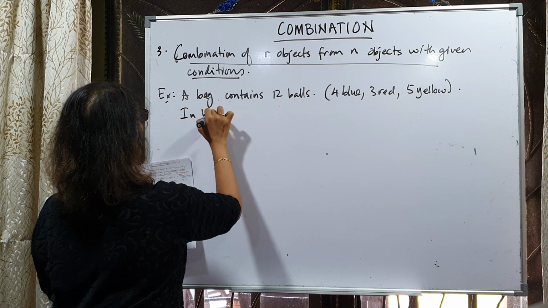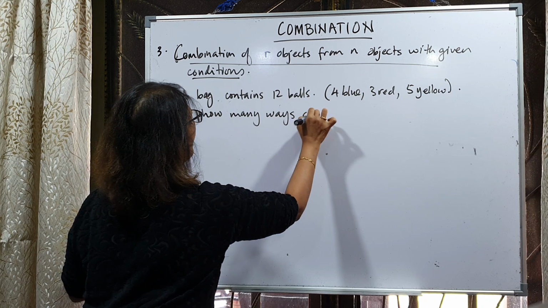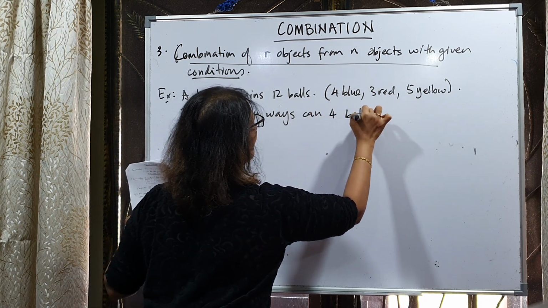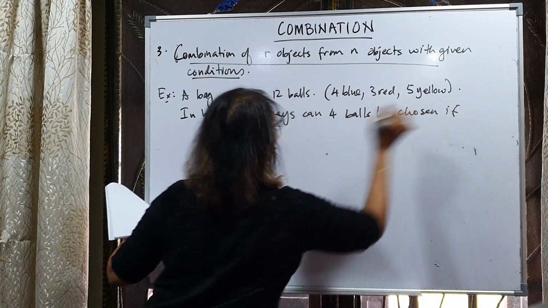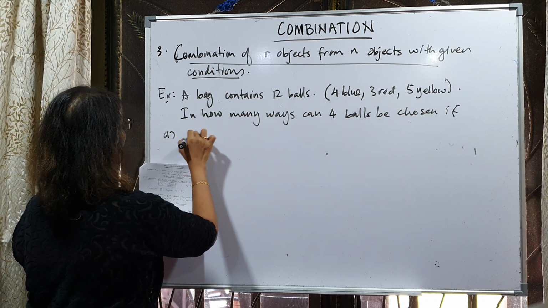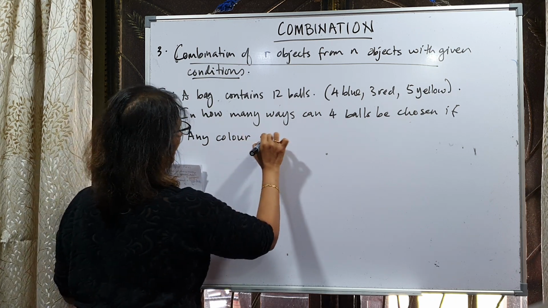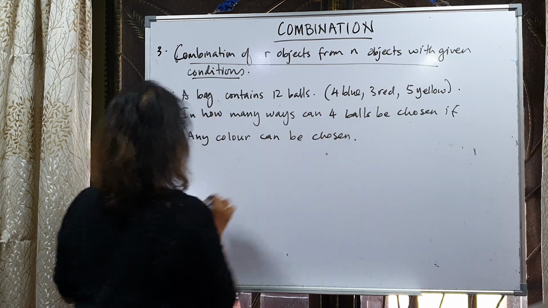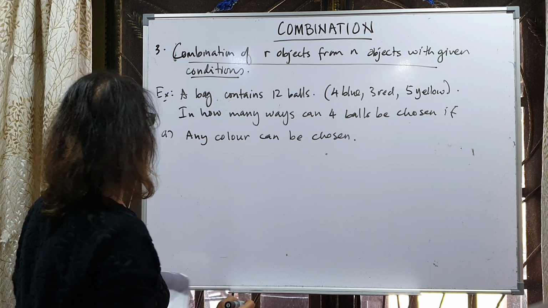So in how many ways can 4 balls be chosen if A. Okay, let's do this one by one.